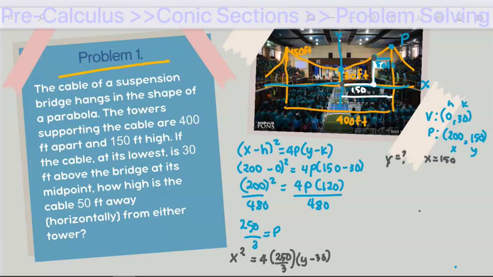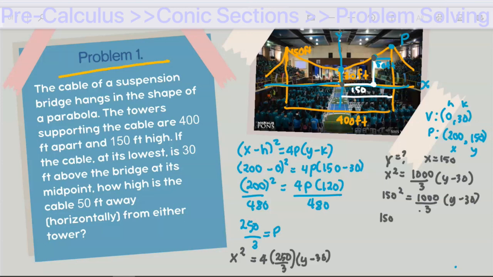Using the same equation, we have x squared equals 4 times 250, which is 1,000 over 3, multiplied by (y minus 30). Substituting our given, we have 150 squared equals 1,000 over 3 multiplied by (y minus 30). Next, since this is a fraction, we can cross multiply.